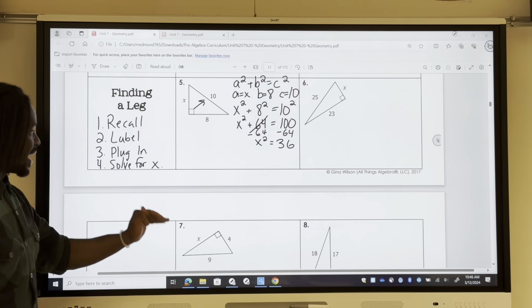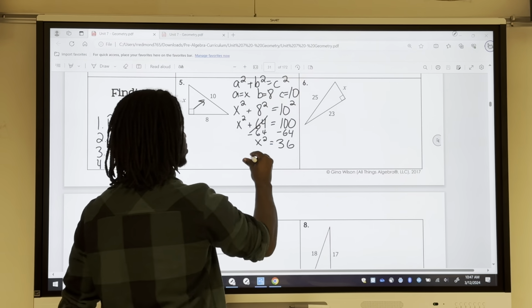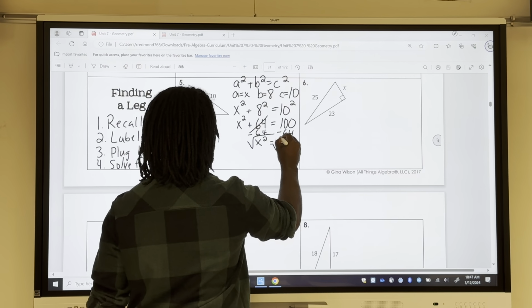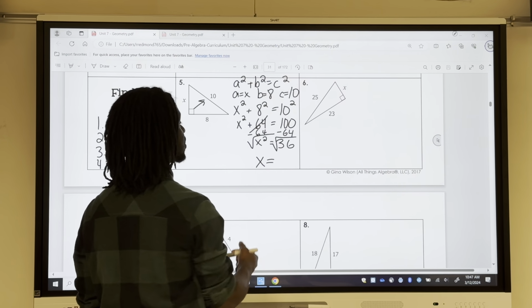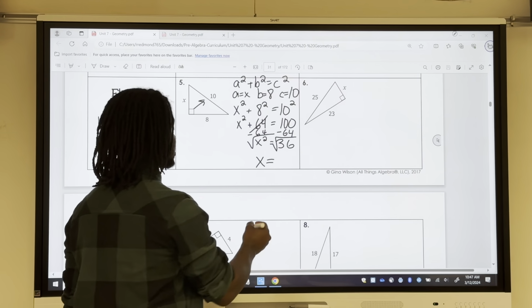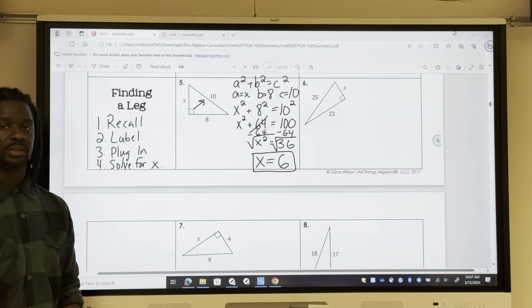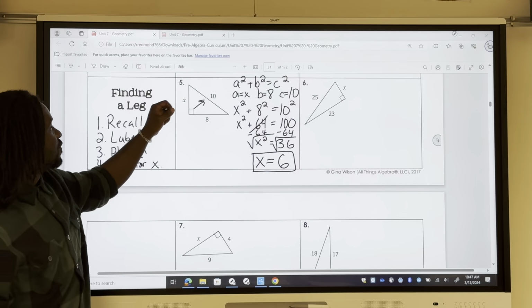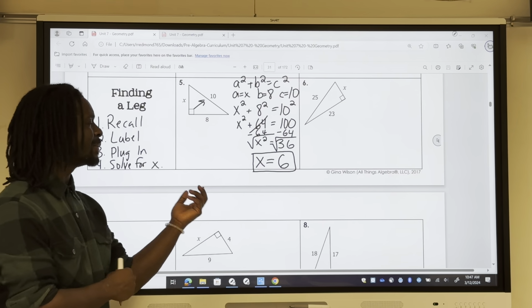Now to figure out what the x is, I have to get rid of that square, so I'm going to do the square root. So I have x equals the square root of 36, which is 6. That is my answer for my A, one of my legs.